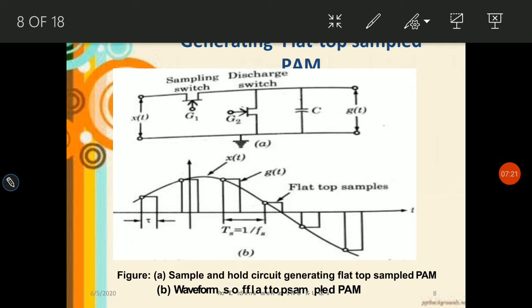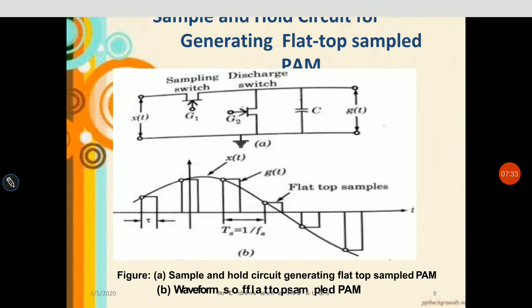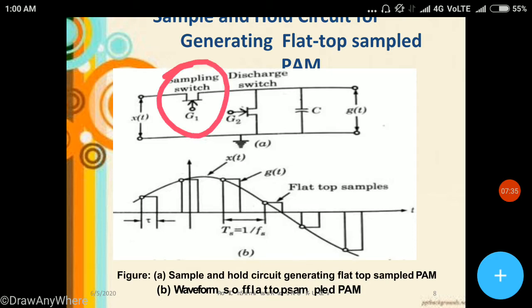That is, G1 is the gate of FET 1 and G2 is the gate of FET 2. So the sampling switch is closed for a short duration by a short pulse applied to the gate G1.